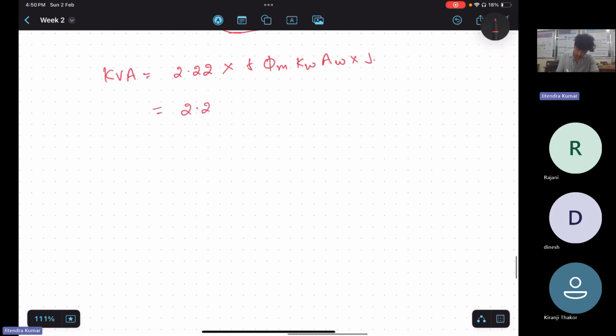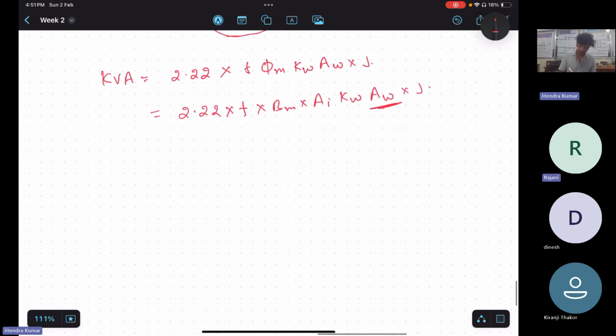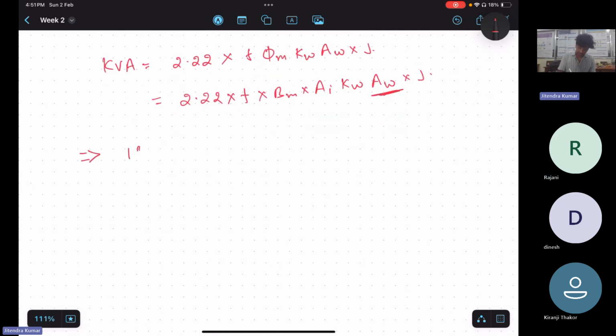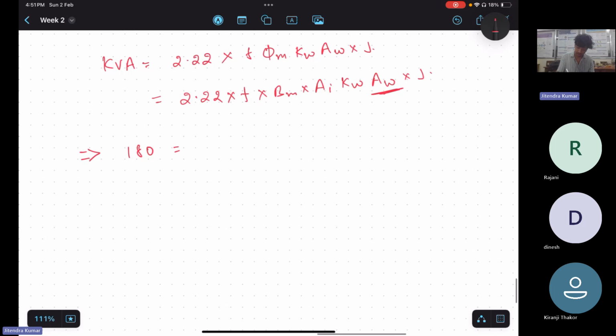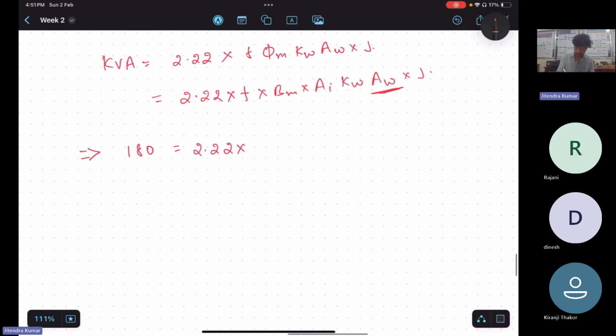Now 2.22 into F into BM into area of iron into KW into AW into window area. This window area is very helpful for us because we need to calculate height and width. So KVA is given to us, 180 kVA is equal to 2.22 into frequency, which is also given, 50 hertz.